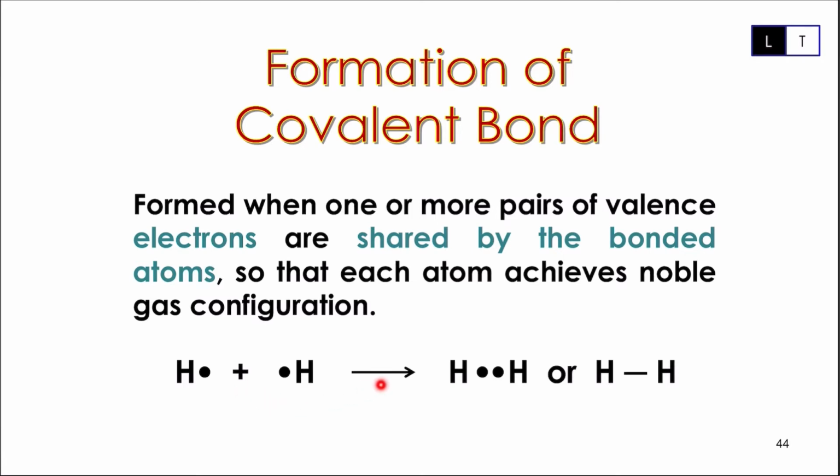They will share between two of them to form a covalent bond with two electrons between each of them. Another way kita write adalah satu garis. Dan satu garis ini bermaksud dua electrons.